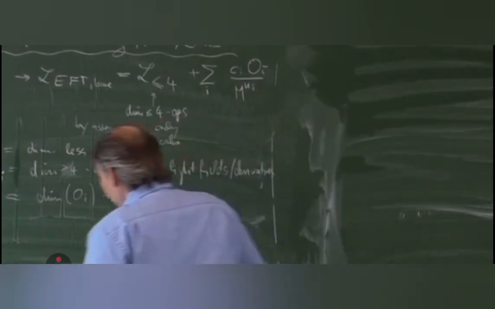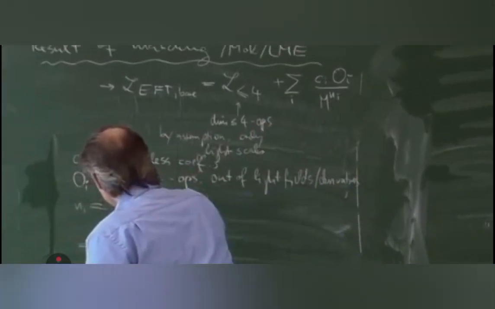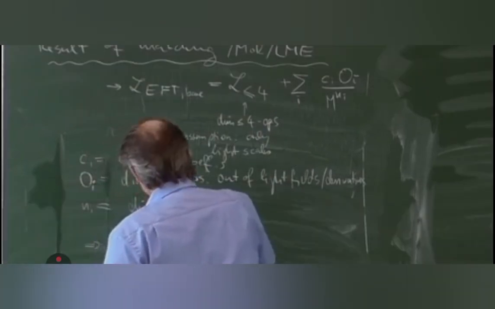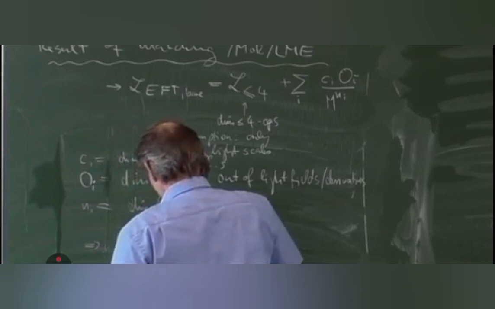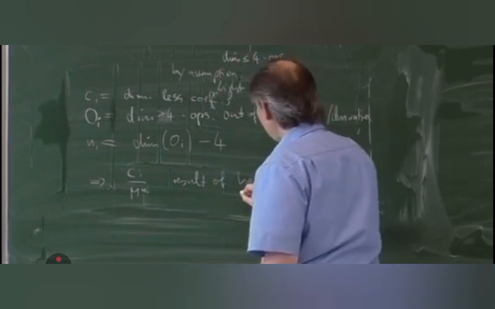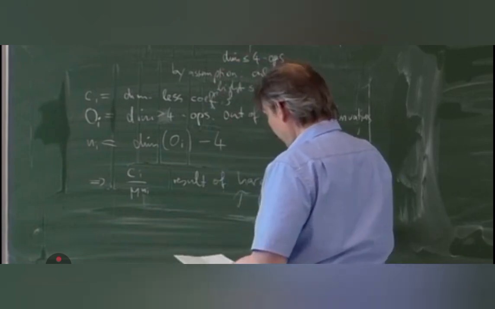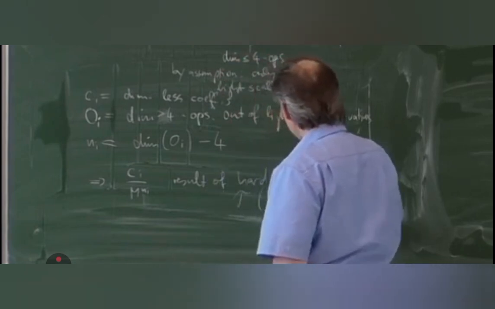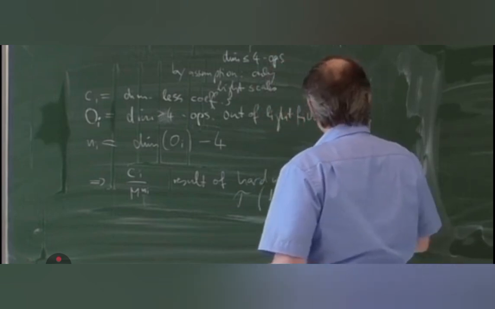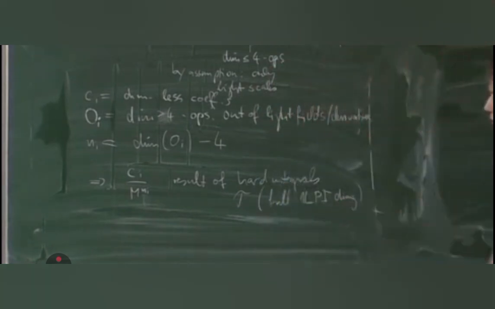So let's just say this ratio Ci divided by m to the ni is then the result of hard integrals, like the Taylor expansion of some full one light particle irreducible diagram interpreted as an operator.